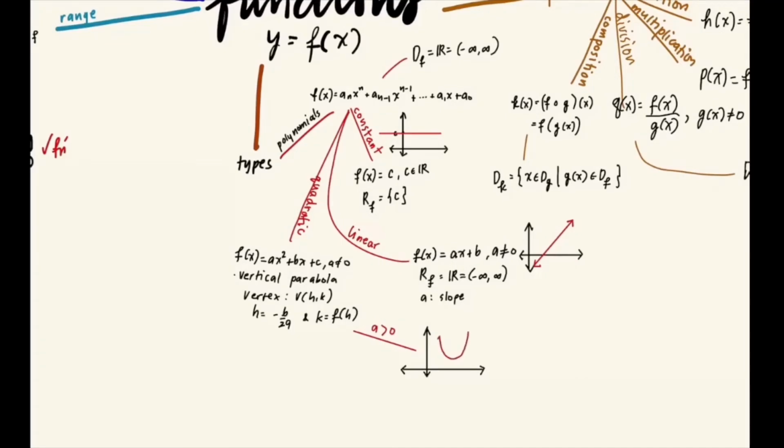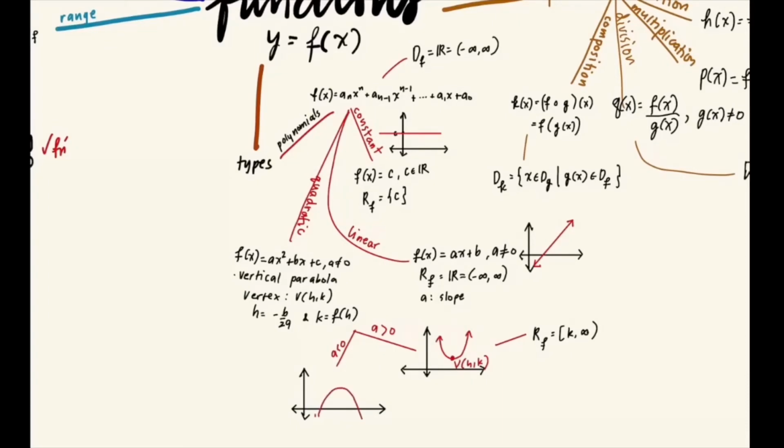So let's look at the graph. The parabola opens upward with the lowest point at the vertex. So the lowest value of y is k. This means that the range of the function is the interval from k, including k, to infinity. If a is less than 0, we have a vertical parabola that opens downward.